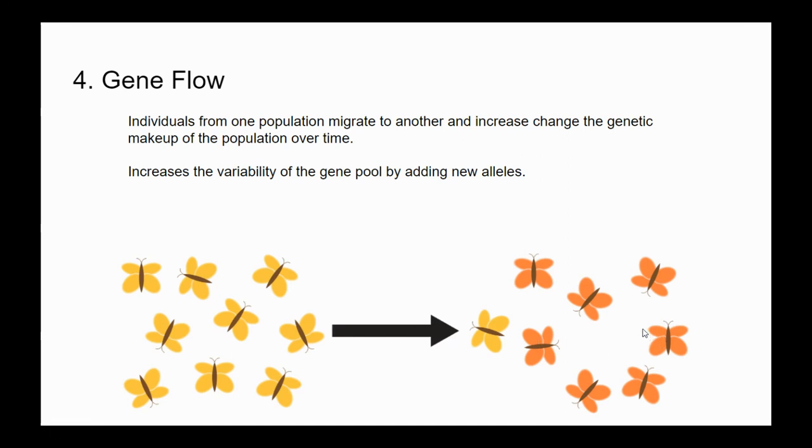These two populations could combine as well, and that would also be considered gene flow. Also, if some left the gene pool, the leftover population would also have a change in genetic information, and would evolve as well. So gene flow can flow into a population or out of a population. Both of those things will change the variability of the alleles in a population.